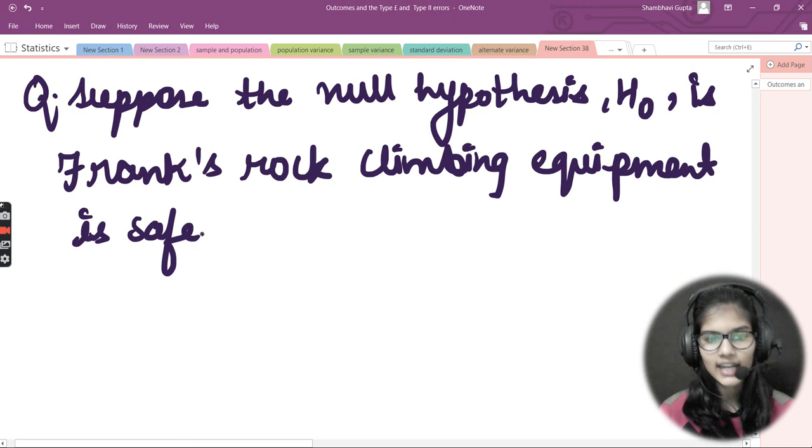Now this is the hypothesis which I am given here, that suppose the null hypothesis H naught is Frank's rock climbing equipment is safe.